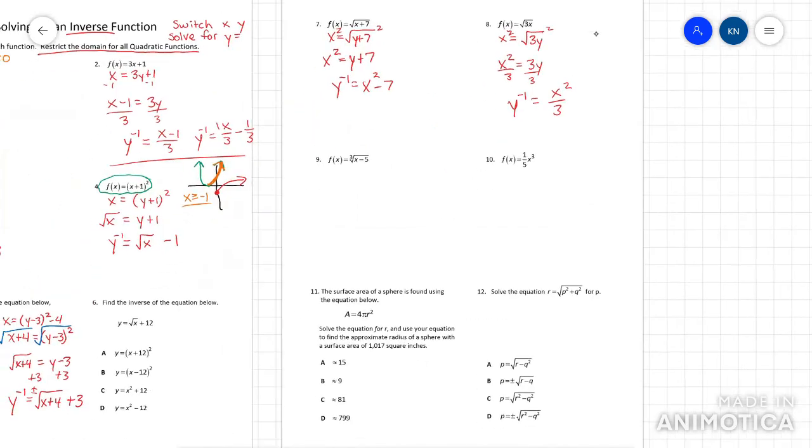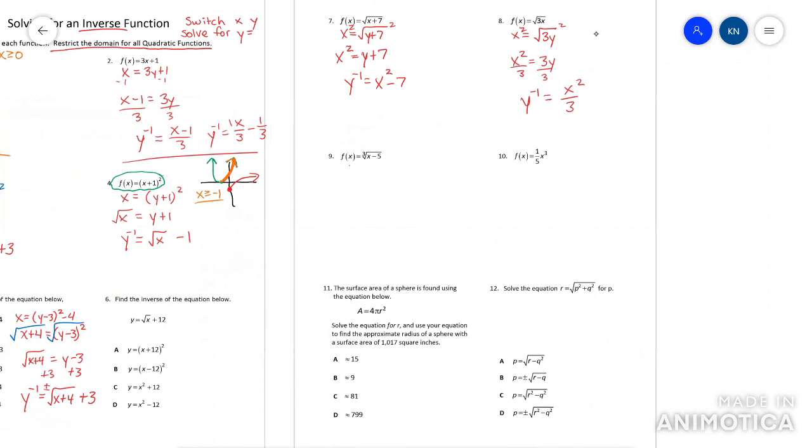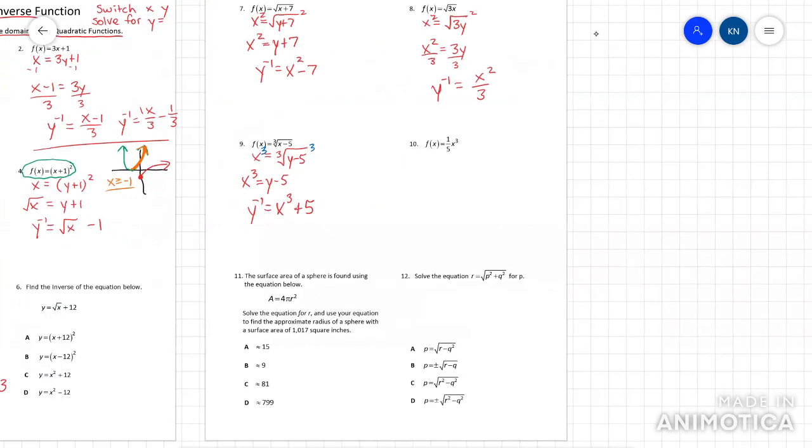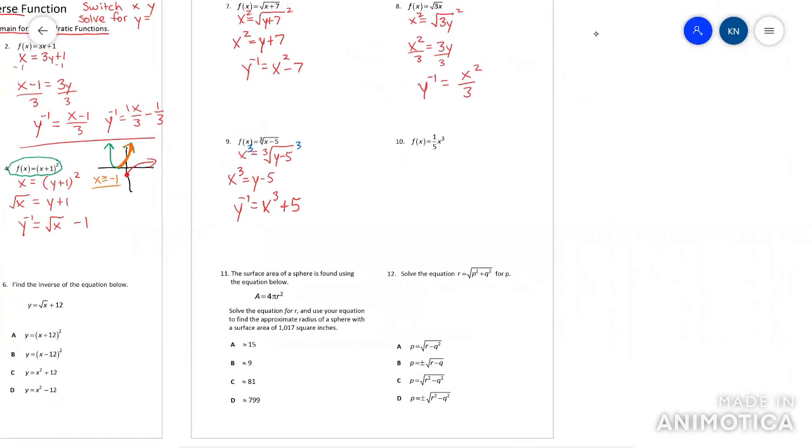The next one, switch x and y. Cancel the cube root by cubing. Add 5. The next one, switch x and y.